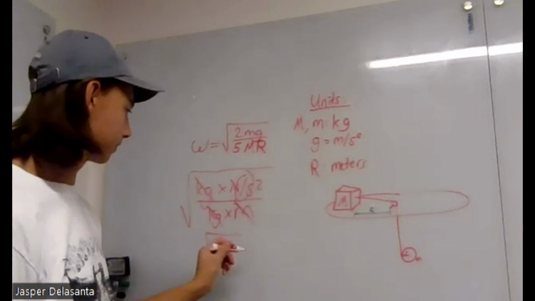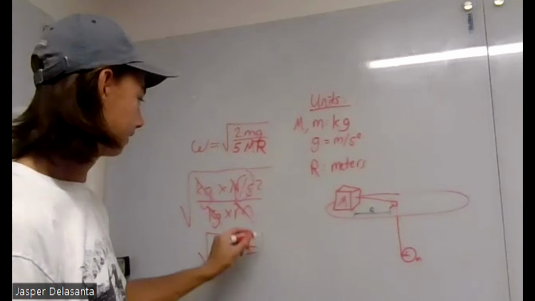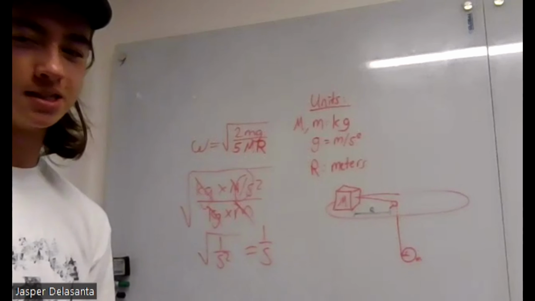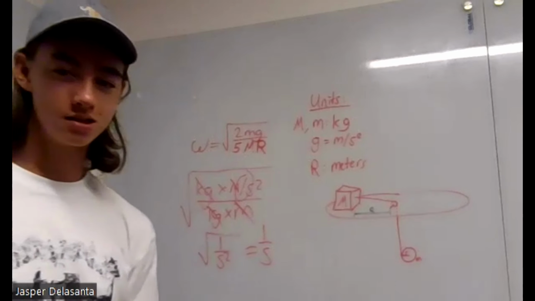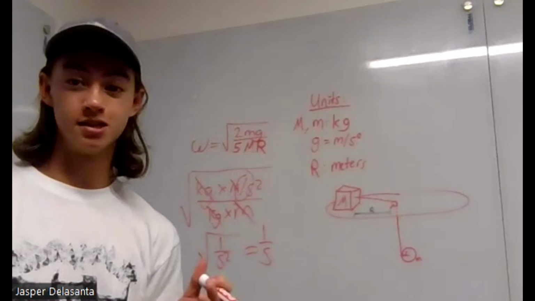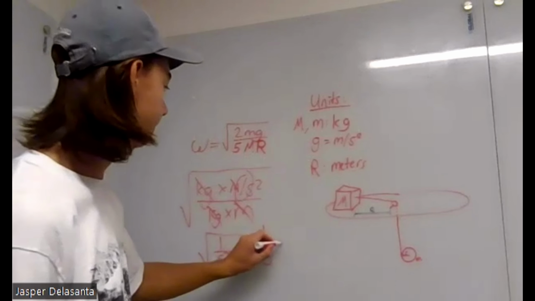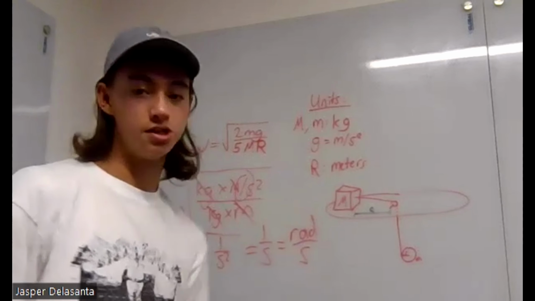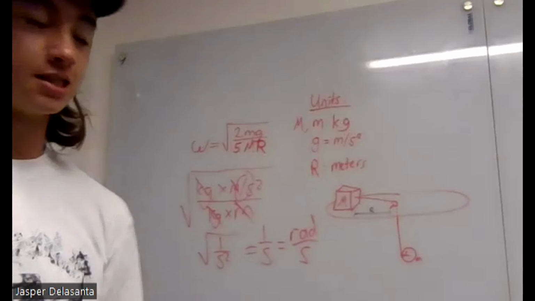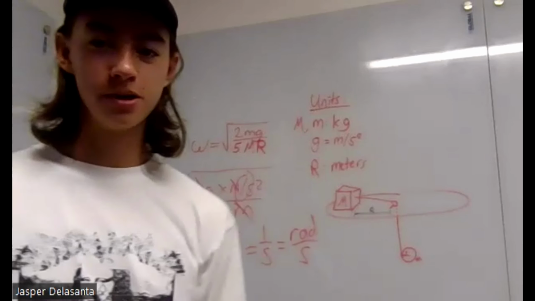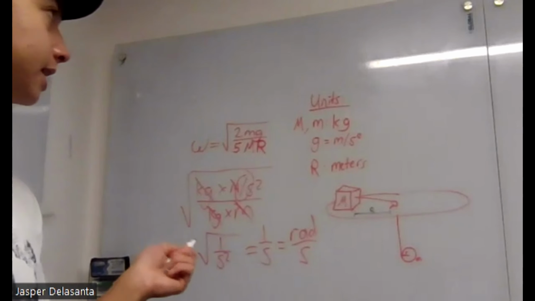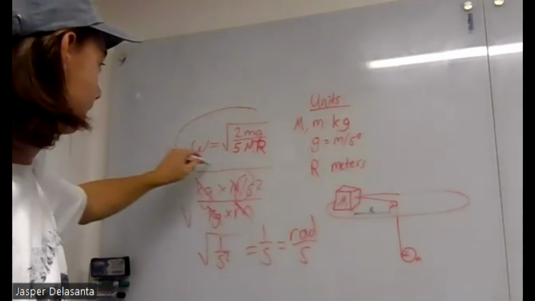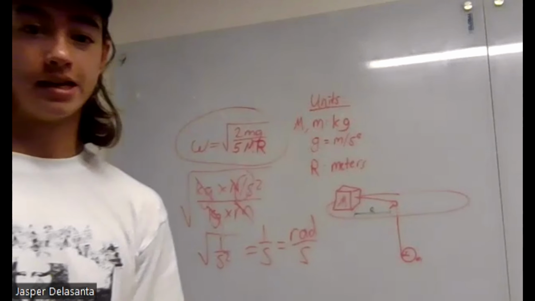So we have 1 over second squared, square root that, and that'll give us 1 over seconds, which initially may look like it doesn't make sense, but then you remember that radians are a unitless measurement, so we actually get radians per second, which is the desired unit for angular velocity. Now that we know we have the right units, next we have to make sure our equation itself actually makes sense.